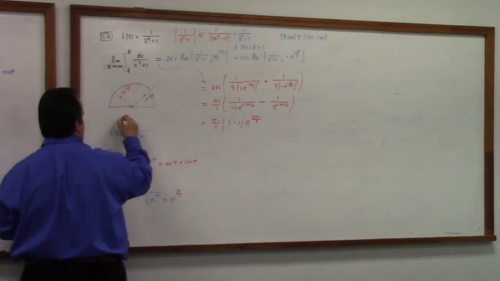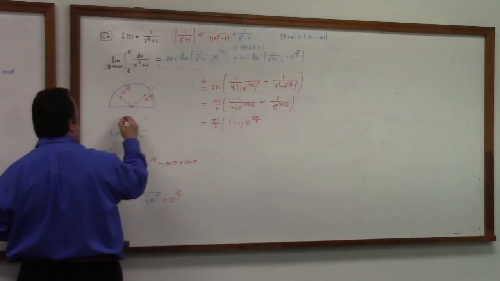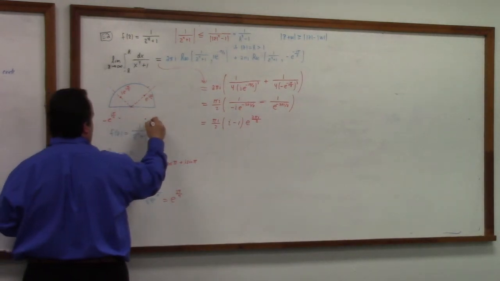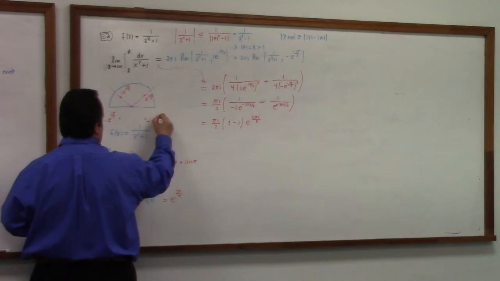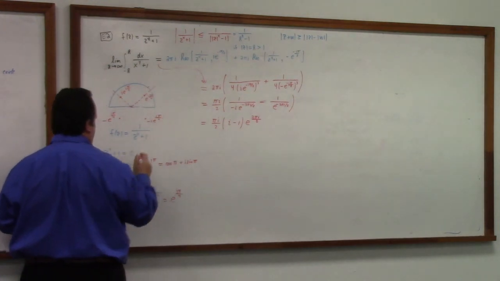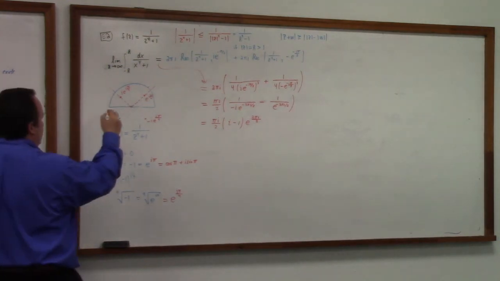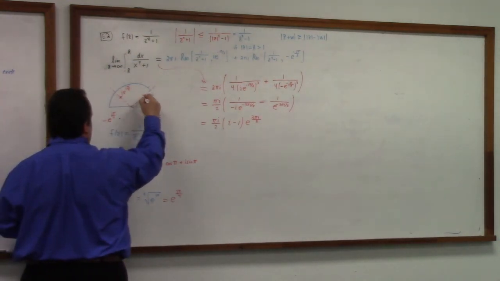And then, of course, the two we don't care about are down here and here. Minus e to the i pi over 4 and minus i e to the i pi over 4. Those are the fourth roots of minus 1. Excuse me, two of which are within the contour we care about.